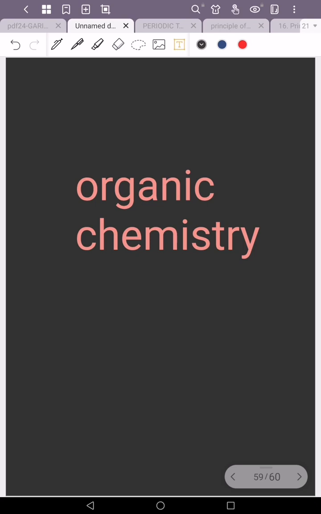So if we are talking about the electronic configuration of carbon, which is 1s2, 2s2 and 2p2, and if there is a positive charge, then there will definitely be a vacant place present. There are 4 orbitals and 3 orbitals are in bonding, but 1 orbital is vacant. Okay.